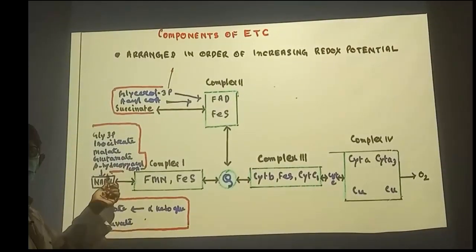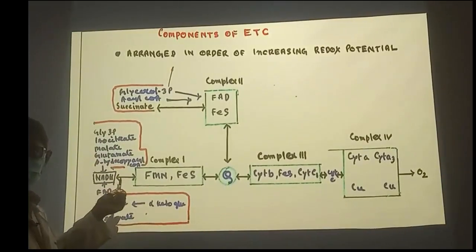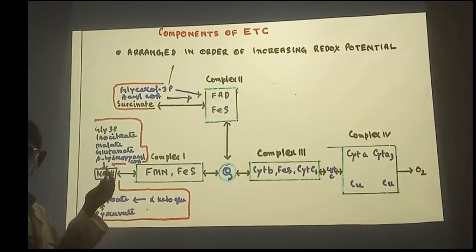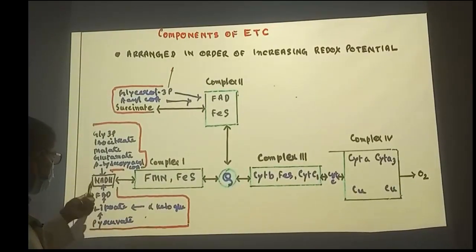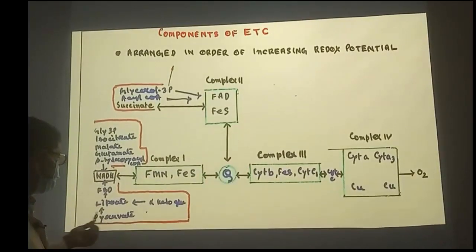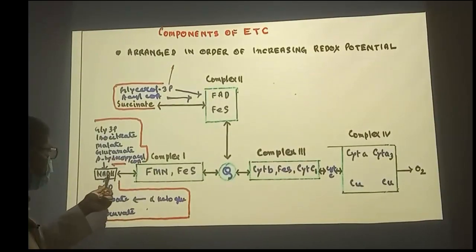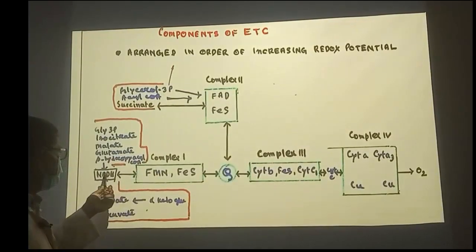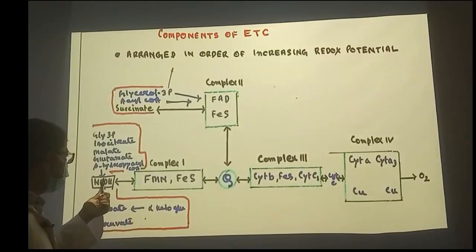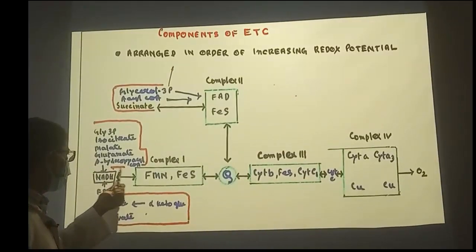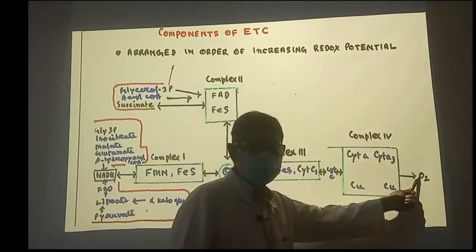So they give rise to a lot of NADH as reducing equivalents in different pathways: glycolysis, beta oxidation, and the citric acid cycle. FADH2 is generated similarly in different pathways. These are ultimately oxidized by transferring electrons from here to the other end.